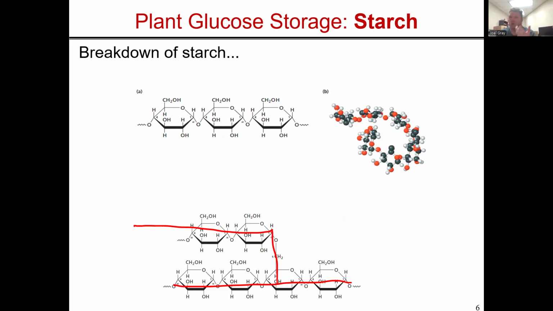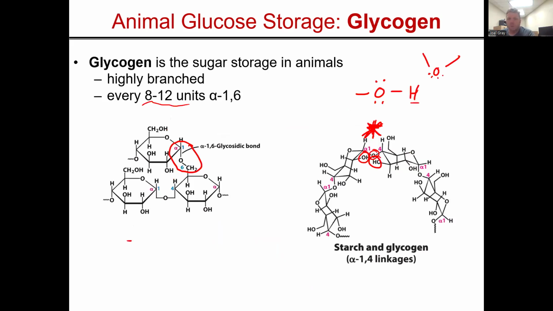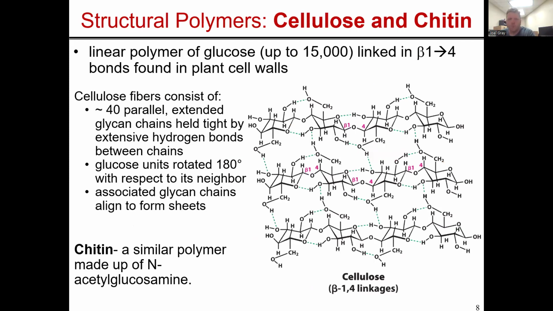Chances are it's going to take on the chair or the boat conformation. So just keep in mind that yes, we are going to have hydrogen bonding take place whenever we have a so-called linear form of our molecule with only alpha 1,4 linkages. Now, when it comes to roles of these sugars, well, cellulose and chitin are linear polymers of glucose.